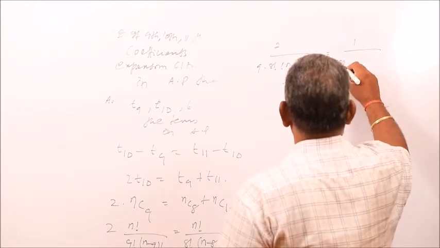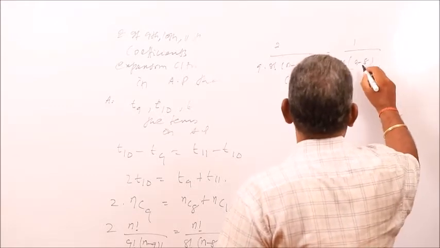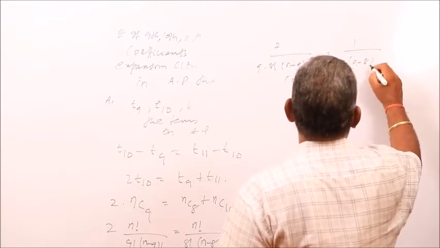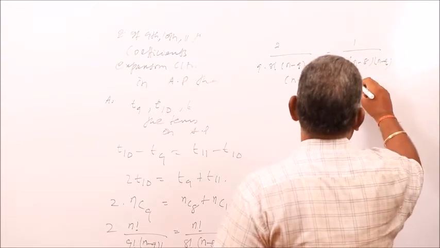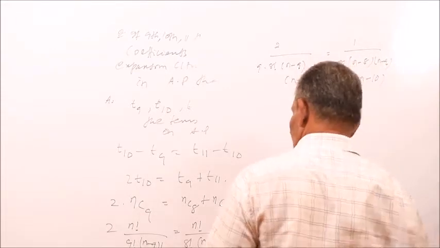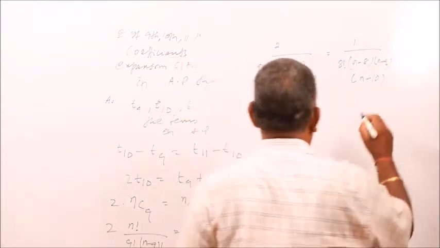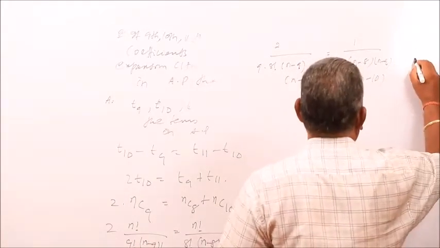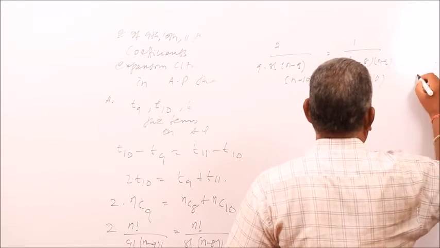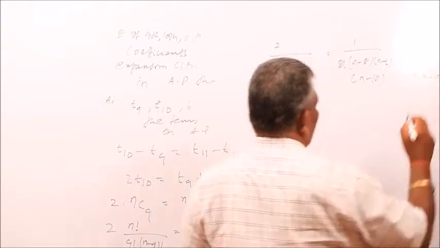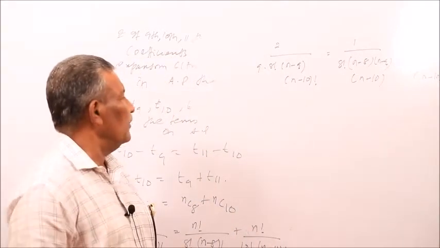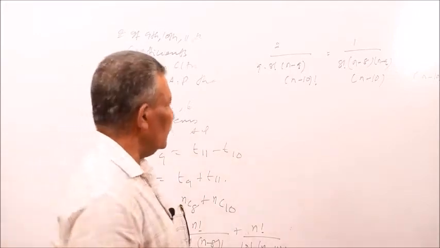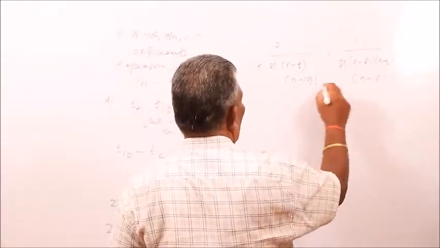1 by 8 factorial, n minus 8 into n minus 9 into n minus 10 factorial, because n minus 10 is the lowest term, plus 1 by 10 into 9 into 8 factorial into n minus 10 factorial, like this. So we can cancel 8 factorial from all the terms of the denominator, also n minus 10 factorial.